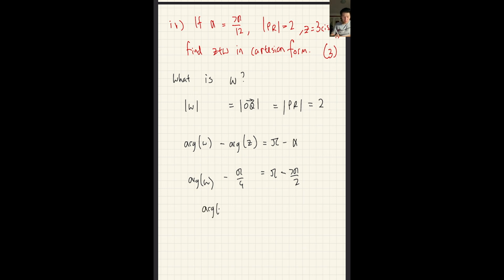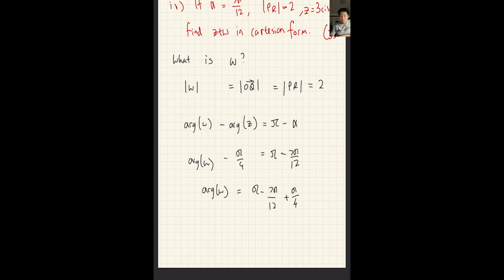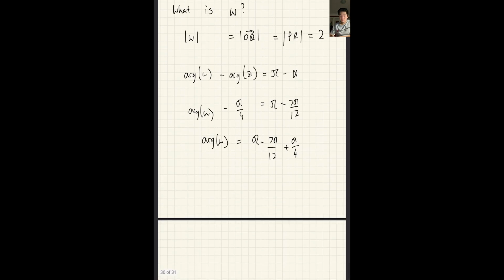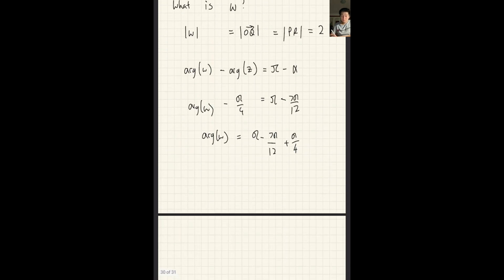So arg w on its own is pi minus 7 pi on 12, plus pi on 4. Simplifying this down, we will have 5 pi on 12 left.